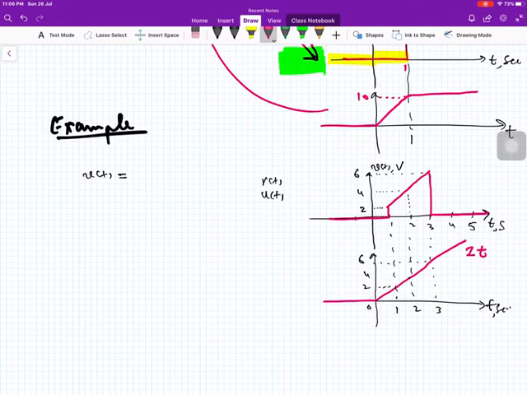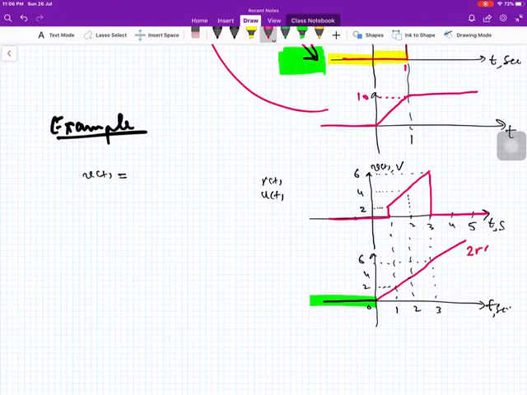this 2t, we should remember, from minus infinity to t equal to 0, or when t is less than 0, this is 0, and when t is greater than or equal to 0, this is 2t. And we can say that this is a ramp signal of slope 2.